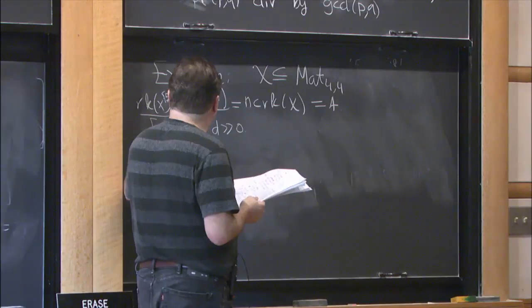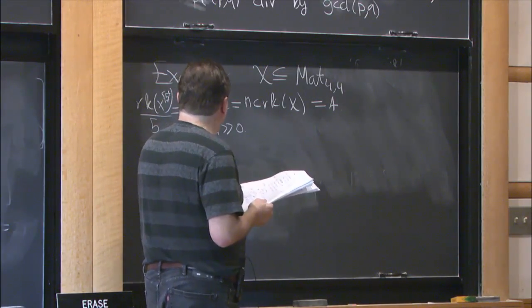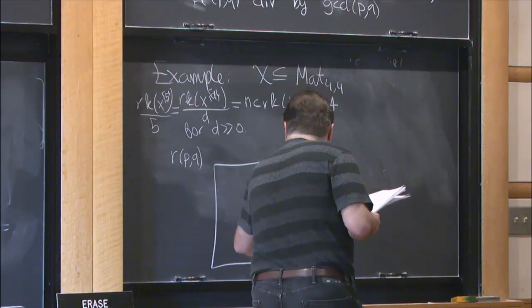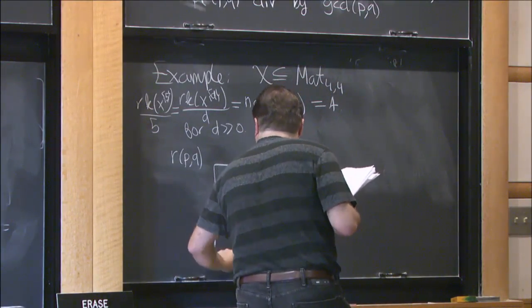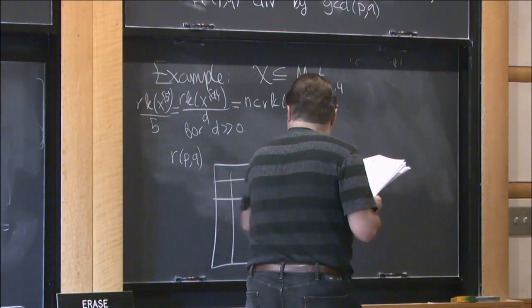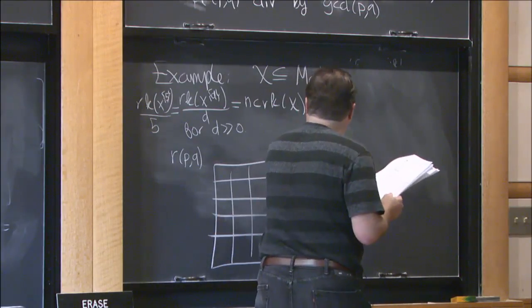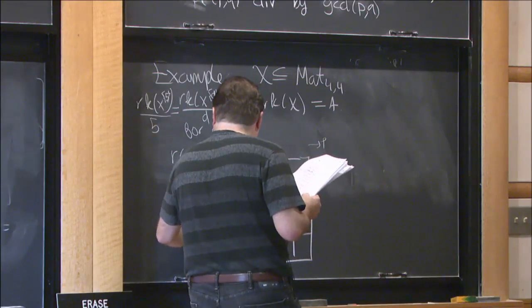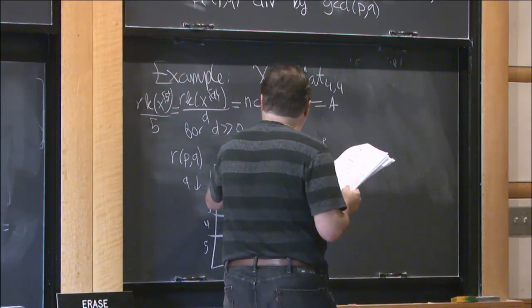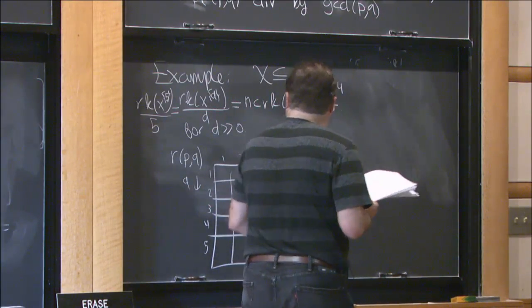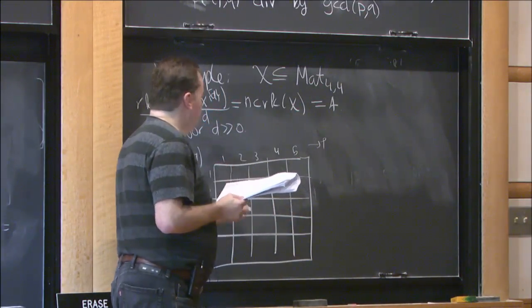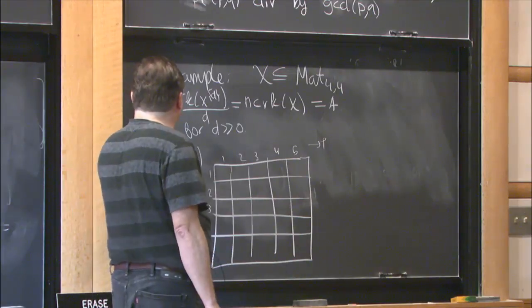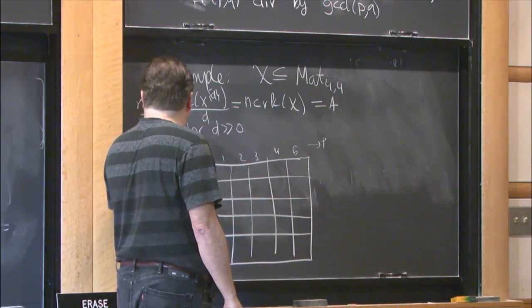Then we could look at the table for R_PQ. Let's say this is P, this is Q. This is 1, 2, 3, 4, 5, and 1, 2, 3, 4, 5. In every block you're plugging the invariant matrix. Yeah, and not exactly this value, but say a lower bound.